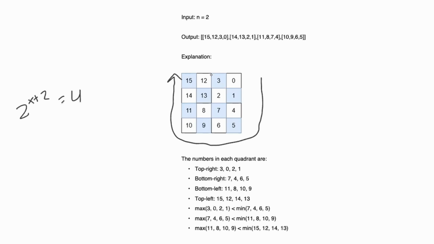So this top right quadrant will be the least, this one next, this one next, and this one next. And you can see that that is true. The maximum in this quadrant here is less than the minimum in this quadrant here. Likewise, the maximum here, 7, is less than the minimum here, and so on and so forth.